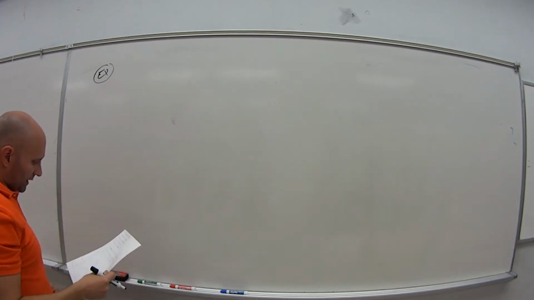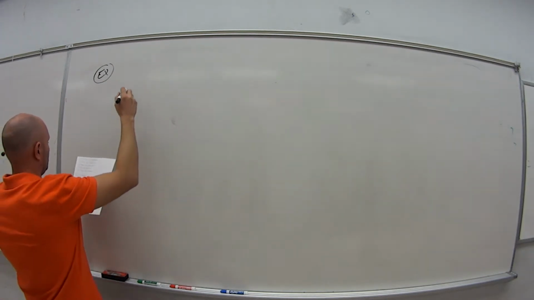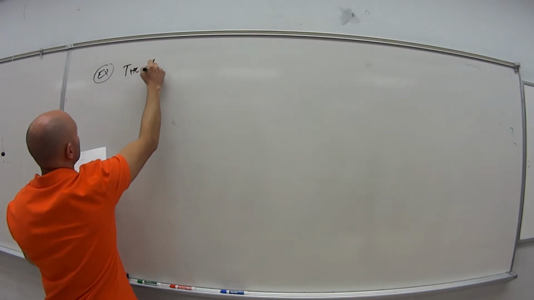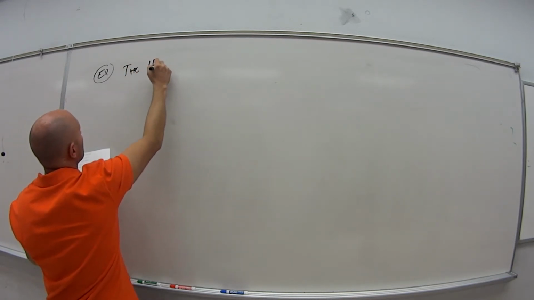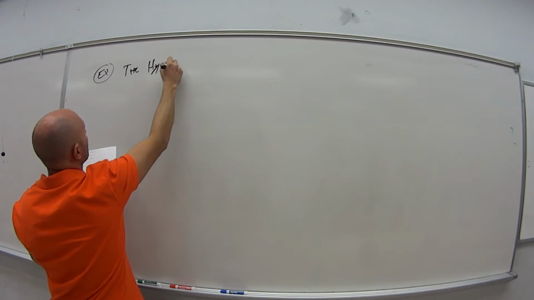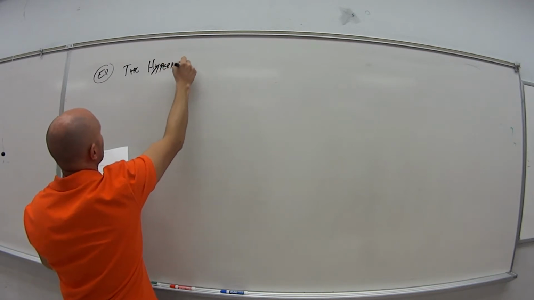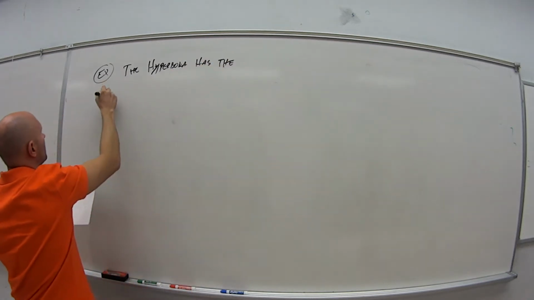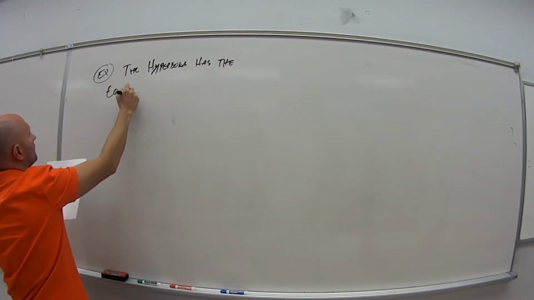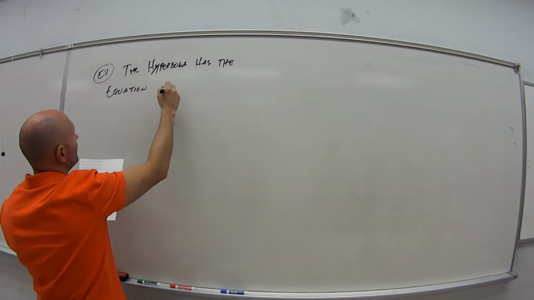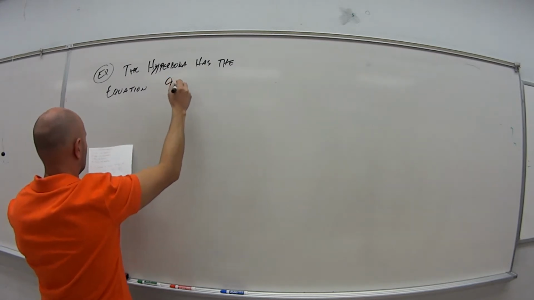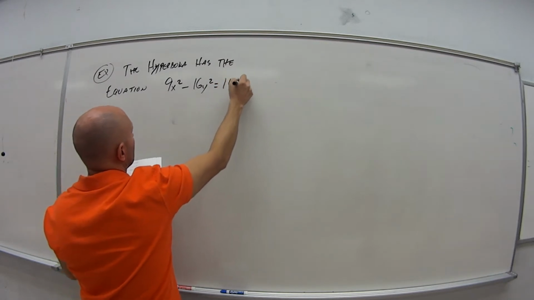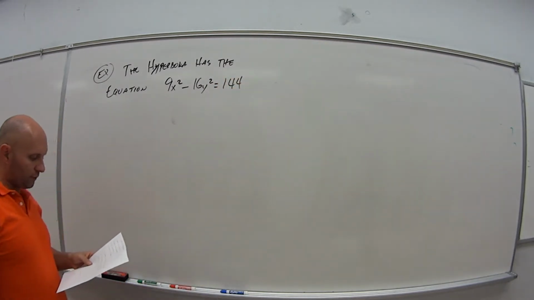Alright, so for this example we have the following. The hyperbola has equation 9x squared minus 16y squared is equal to 144.